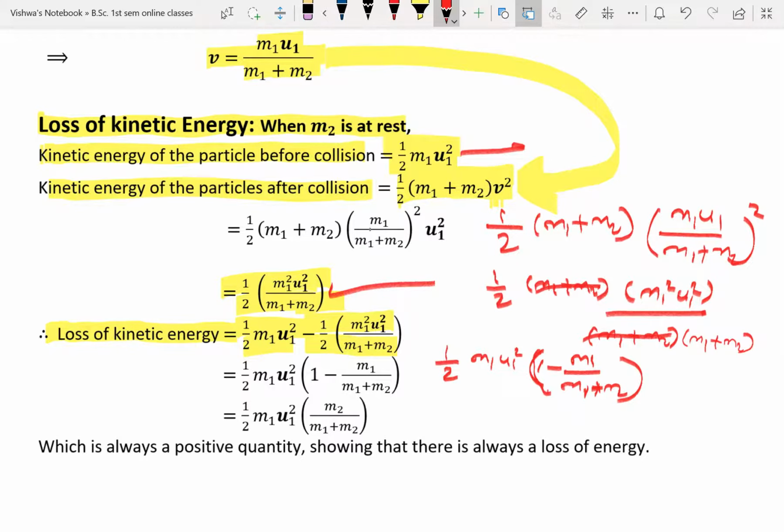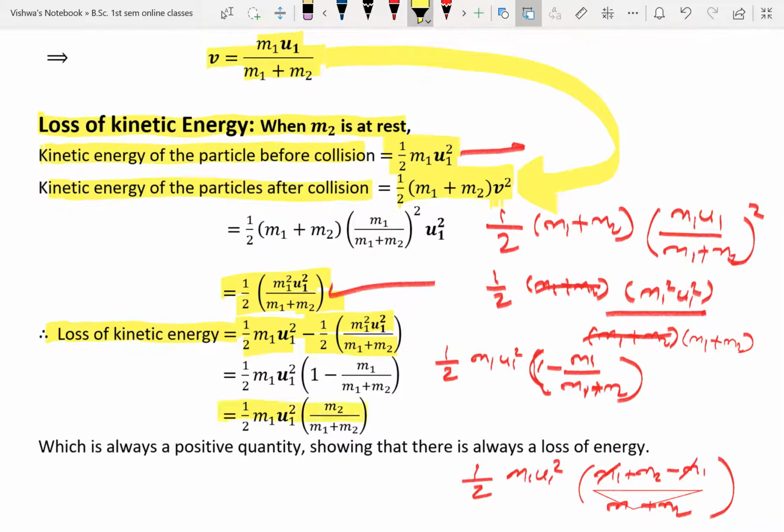Then simplify, and it becomes 1/2 m1 u1 square times (m1 plus m2 minus m1) divided by (m1 plus m2). Here plus m1 and minus m1 get cancelled. The remaining is 1/2 m1 u1 square into m2 by (m1 plus m2). So that is the loss in kinetic energy.